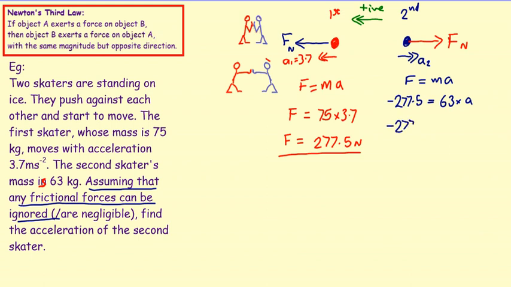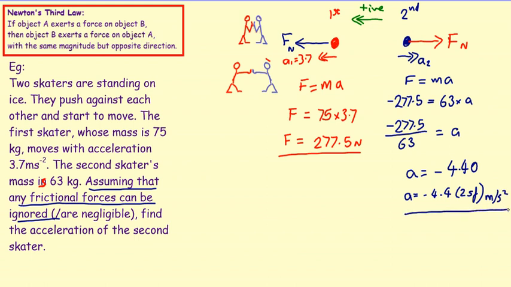Minus 277.5 over 63 kilograms gives us an acceleration of minus 4.4 something. Who knows, but it rounds to minus 4.4 to two significant figures, and the units are meters per second squared. And there's our answer.